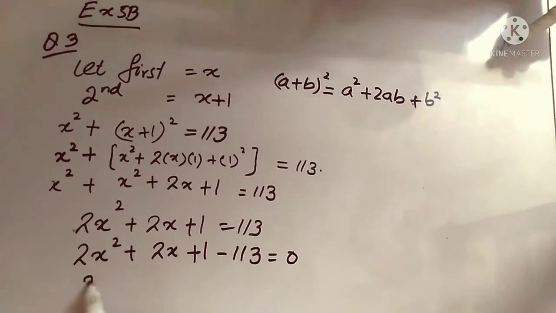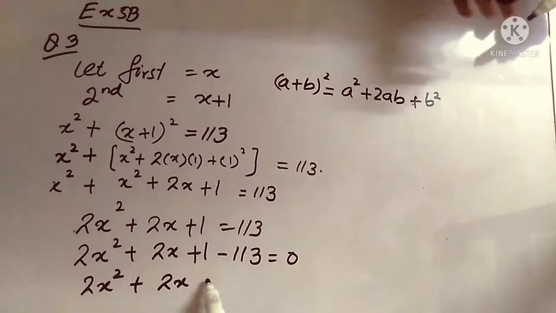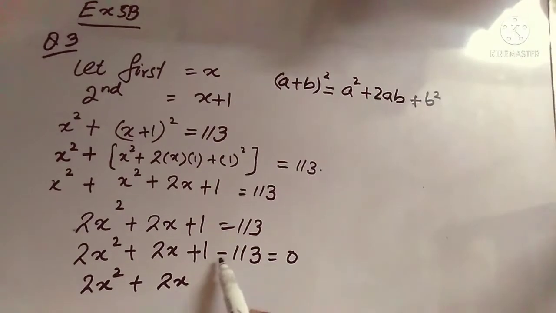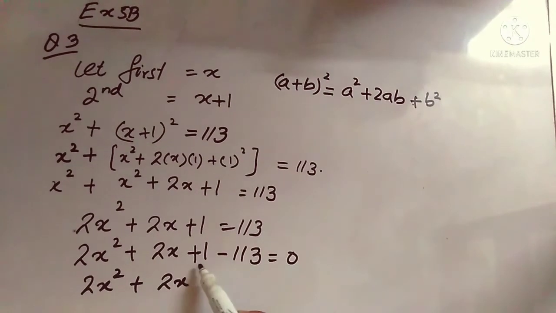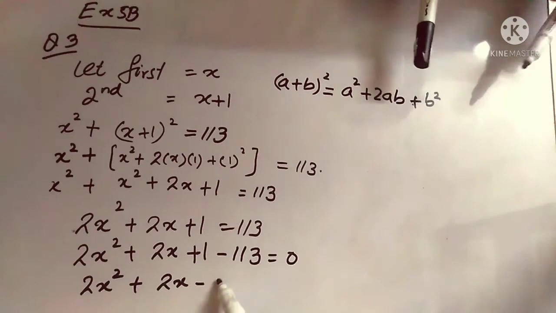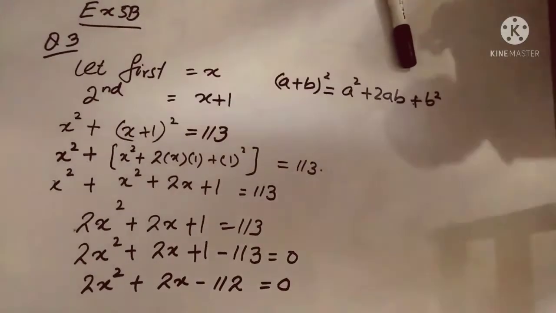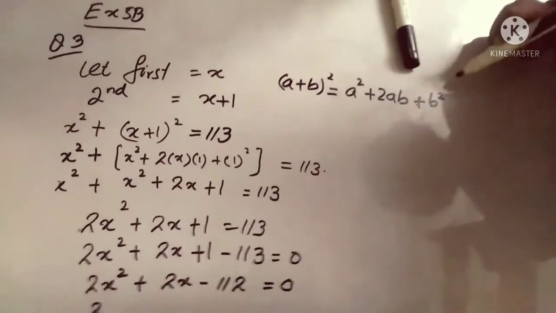So we have 2x square plus 2x plus 1 minus 113. Plus and minus gives minus, which means you subtract 1 from 113 and write the sign of the bigger number, which is minus. So you will get minus 112 is equal to 0. Now you can take 2 common from this.